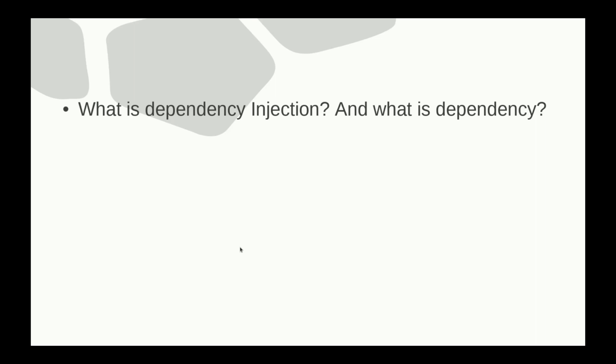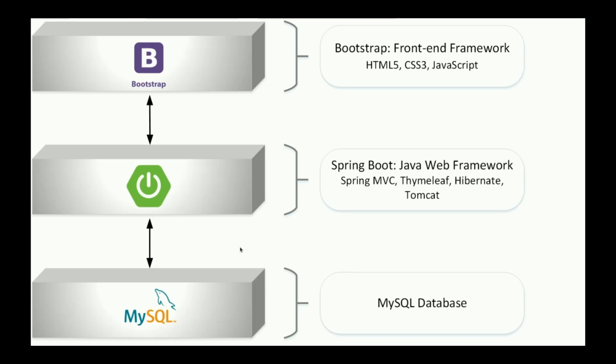So what is a dependency injection and what is dependency? I think first we should discuss the dependency. Take a look at the diagram. This is just a basic diagram that I have provided for you guys.